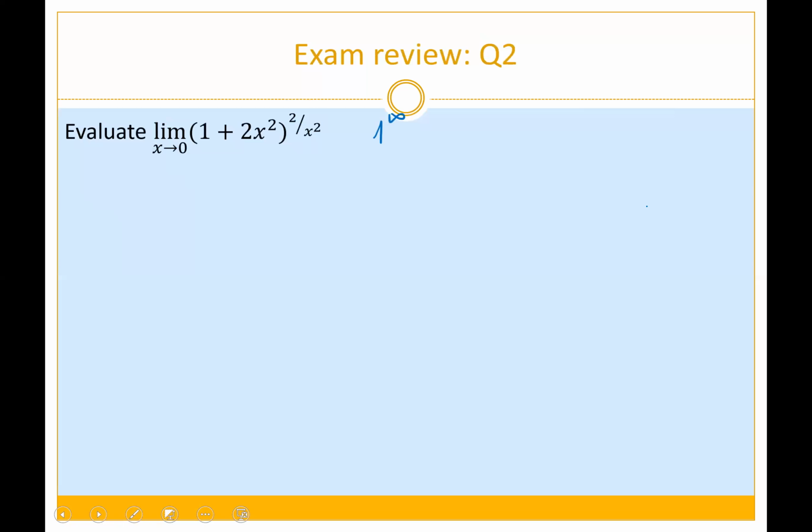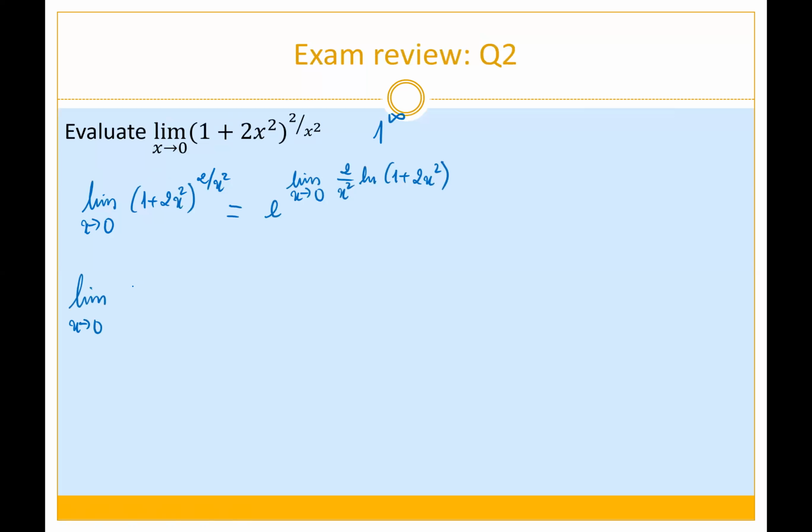So we're going to rewrite this as e to the limit as x approaching 0 of 2 over x squared times ln of 1 plus 2x squared. Now we're just going to find the limit of the power. So you have the limit as x approaching 0 of ln of 1 plus 2x squared divided by x squared.